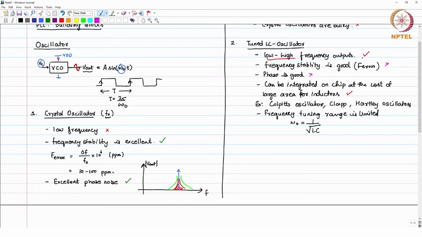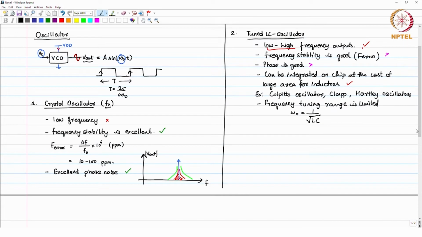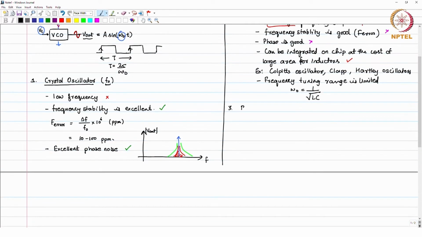Okay. Now, the other one, because we are looking for the things where in our PLL we can vary the output frequency, we want good stability also in those things. So, there exists another kind of oscillators, and this is ring oscillators. In ring oscillators you can have a large tuning range, during the design process, and once it is designed, by controlling a few things you can have a large output tuning range.